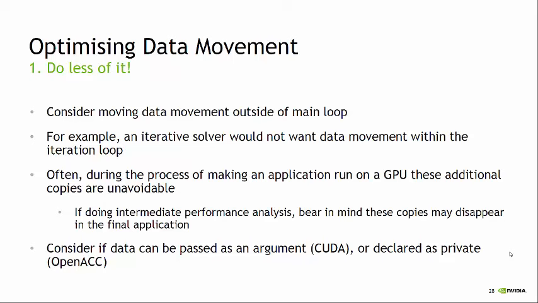All the data will already be on the GPU at the start of the subroutine. So do be aware that if you're doing intermediate performance analysis, you will have memory copies taking up time, which shouldn't necessarily figure in your analysis.